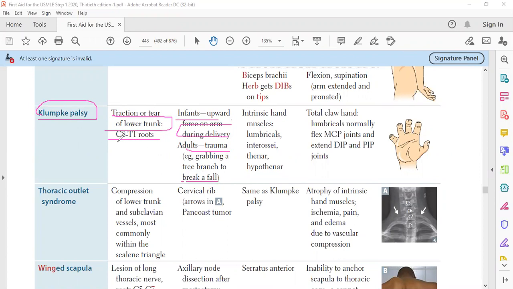C8 to T1 loses its function. The defect is in the intrinsic hand muscles: lumbricals, interossei, thenar, and hypothenar. So there is a total claw hand like a monkey. Lumbricals normally flex the MCP joints and extend the distal and proximal interphalangeal joints. Got it?